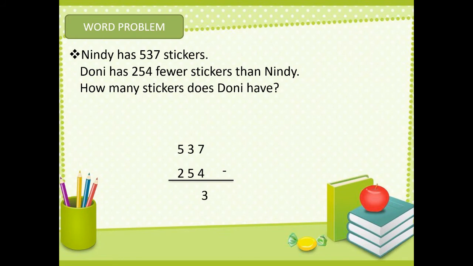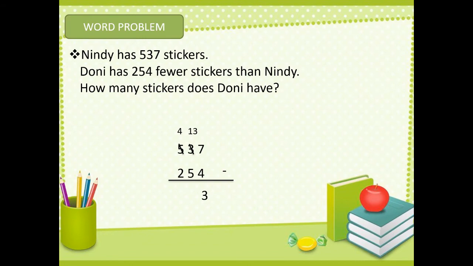Now, we cannot subtract 5 tens from 3 tens. So, we regroup 100 into 10 tens. Now, we have 400s and 13 tens.